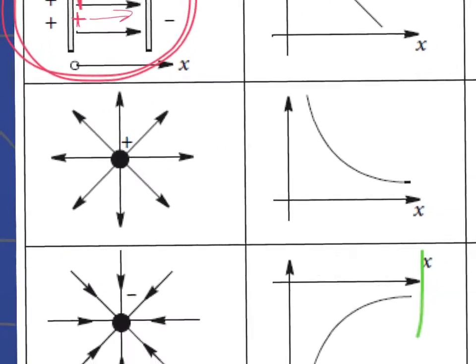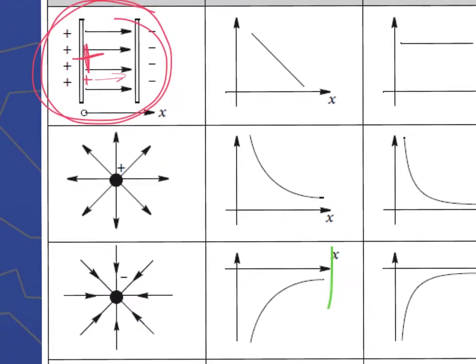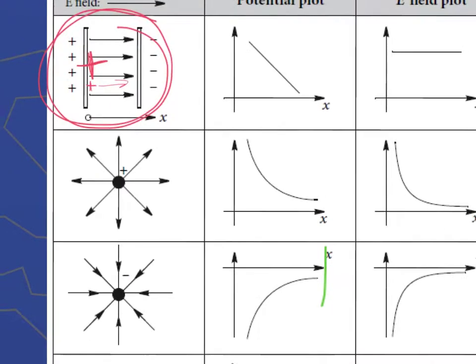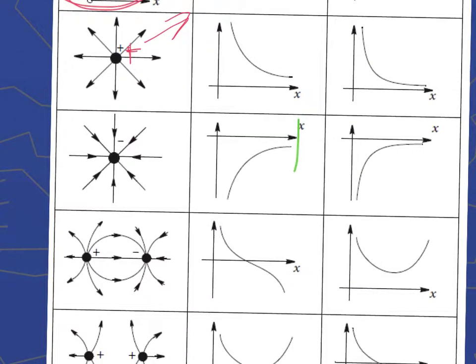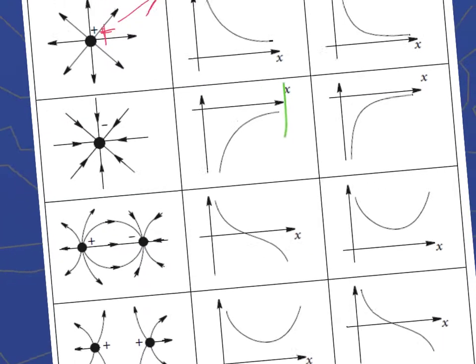Now with our positive test charge, again, there's an exponential decrease in the electric field strength. It is a slightly different relationship, but still you see the potential as the positive charge moves away from the source, the electric potential decreases. With a negative charge, you should see it's pretty much the exact opposite.